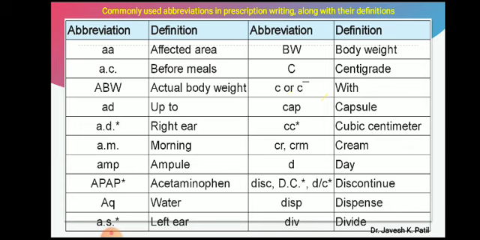Then another common terminology, capsule, CAP. CC, this is also used, cubic centimeter. CR or CRM, it is used for cream. D for day. Then DISC, disk. Or D dot C dot, or D oblique C, that has the meaning discontinue.